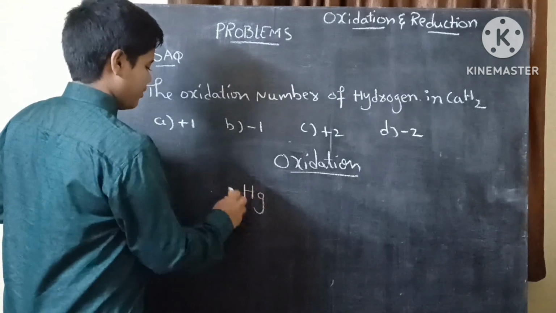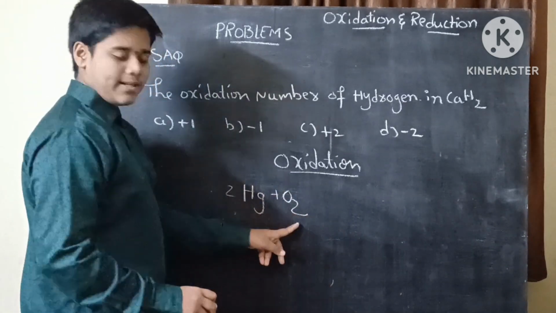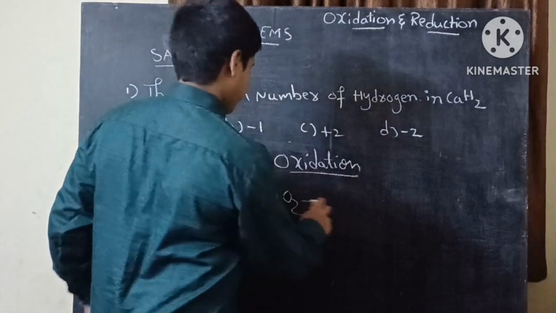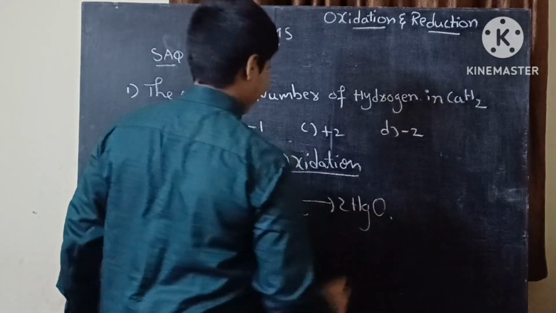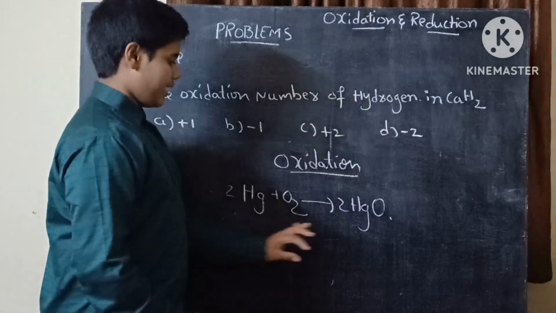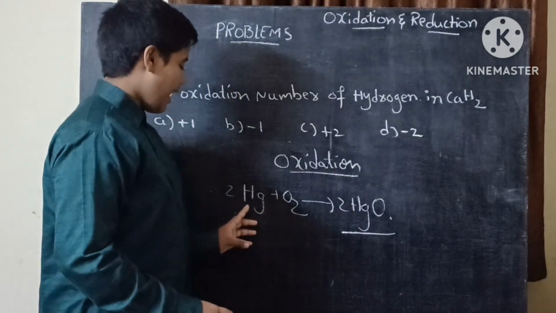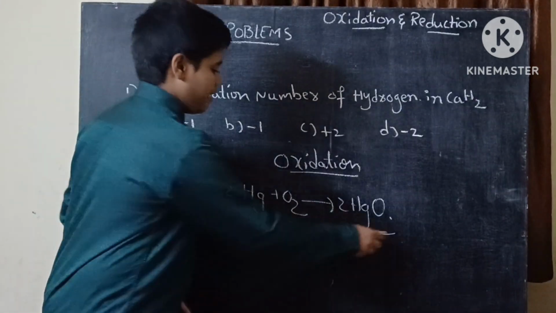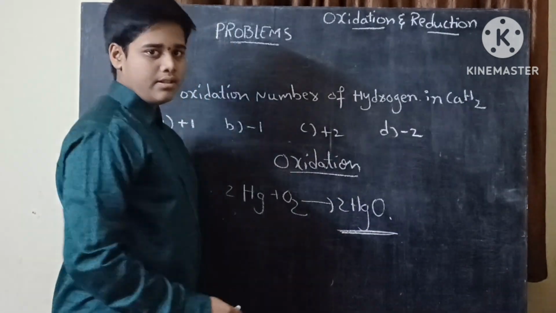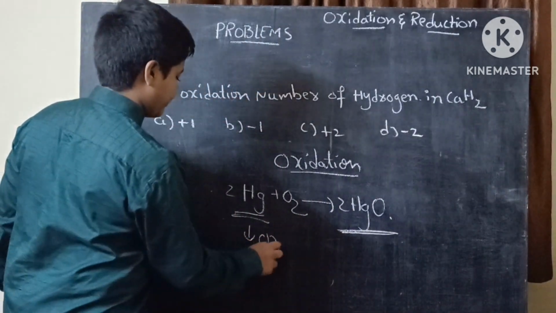Here there is a reaction: 2Hg plus O2 gives 2HgO. After the reaction, 2HgO forms, which means the mercury is oxidized. It forms mercuric oxide.